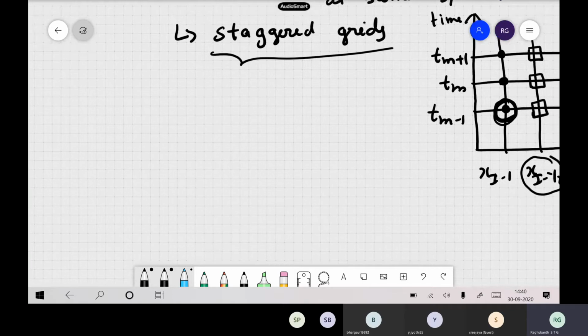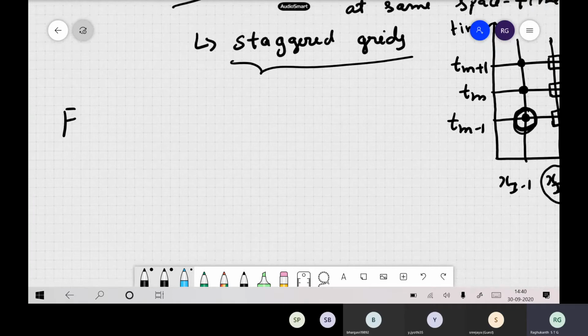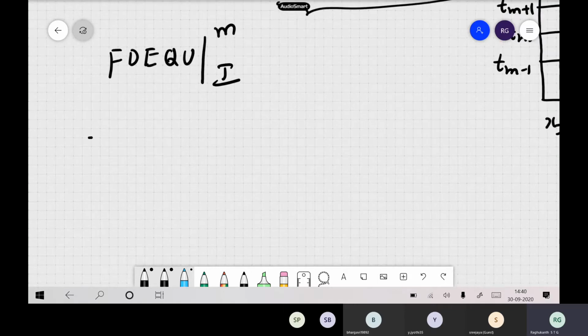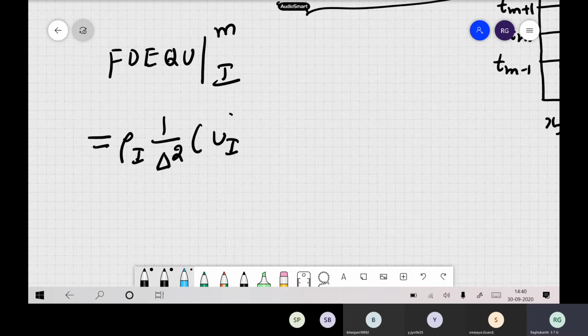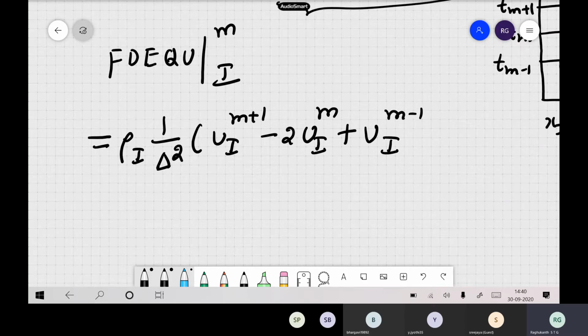So now we write our finite difference equation for u, the first equation, like this: rho times the second derivative, dou square u by dou t square, written as u at i, m plus 1, minus 2 u at i, m, plus u at i, m minus 1, over delta t squared.